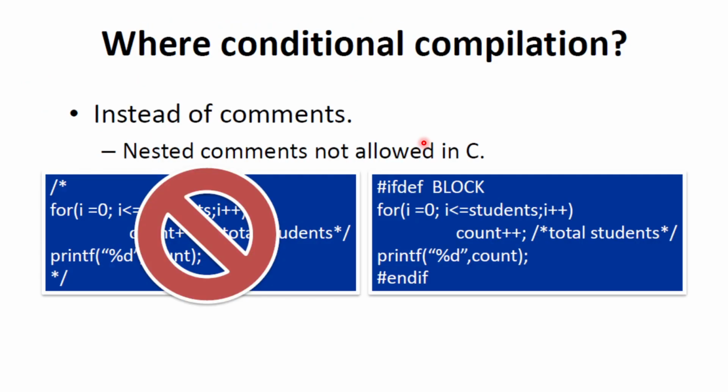So the first thing is the approach of writing conditional compilation using #ifdef. It looks something like this. This block is given just as a template. #ifdef some symbol name, then within this #ifdef and #endif we have a program written.